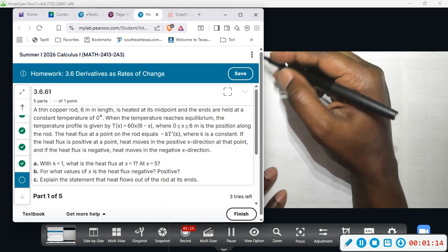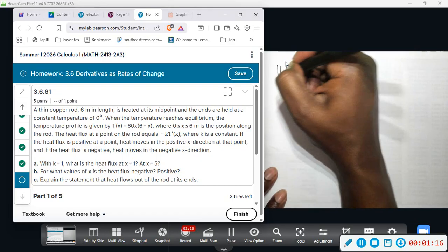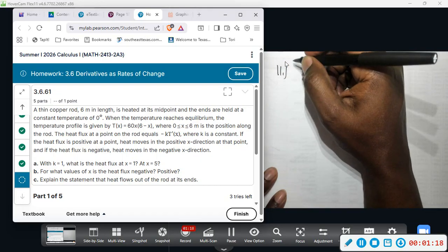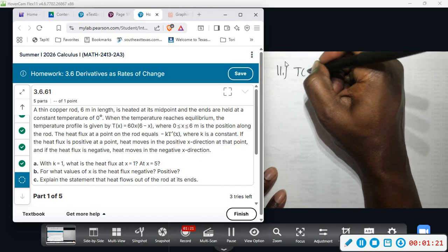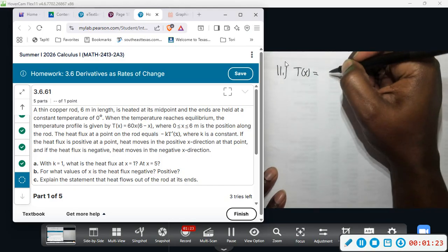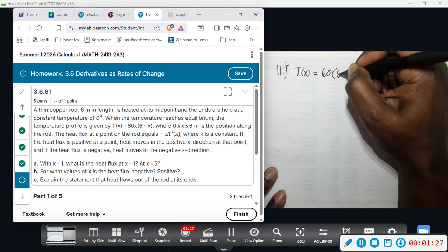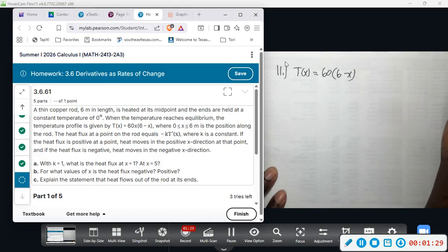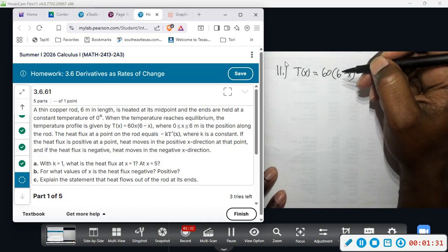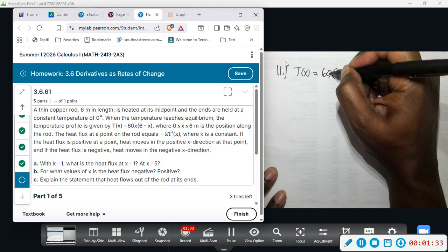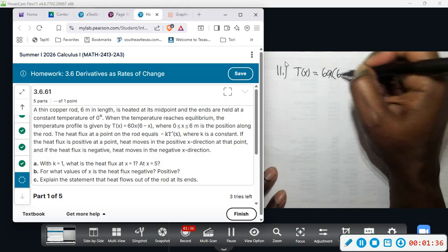All right, so we are given the equation of the temperature, T(x) equals 60x times (6 minus x). So this is going to be a parabola. I'm going to go ahead and distribute this out.